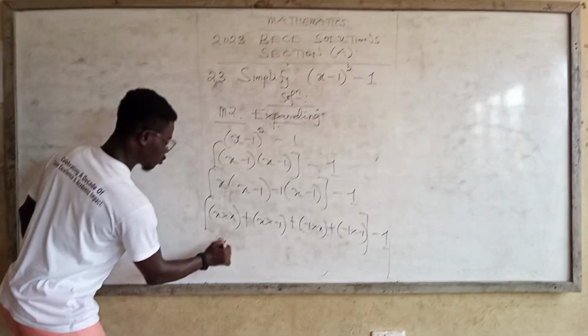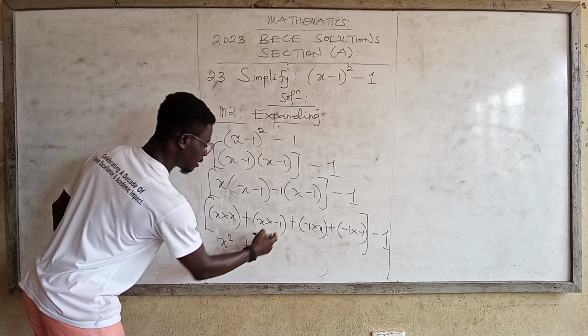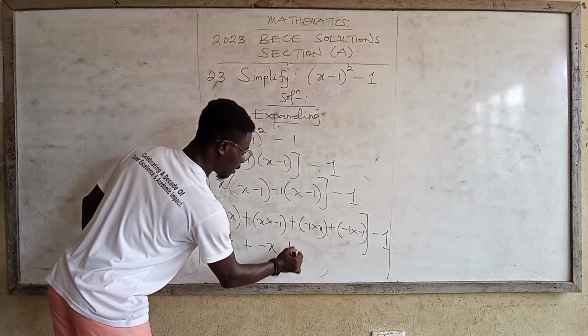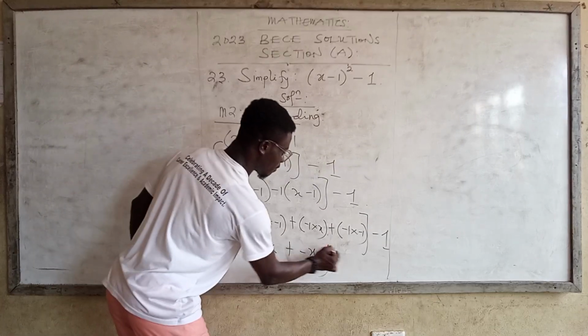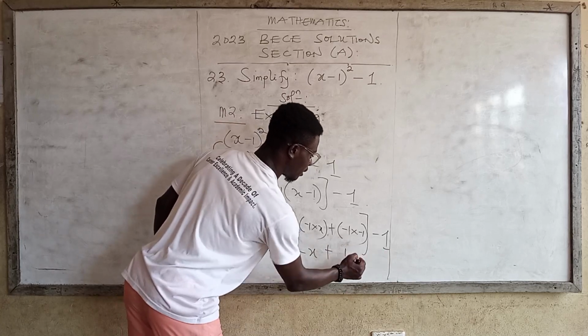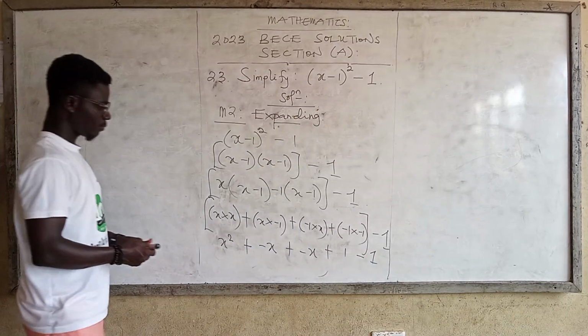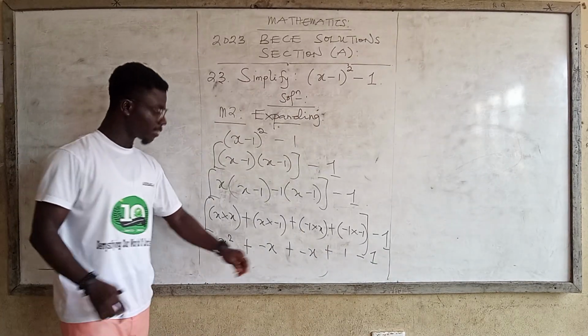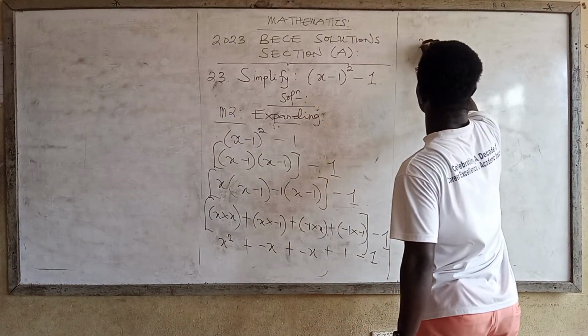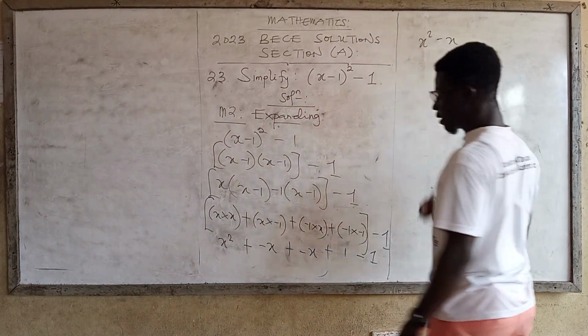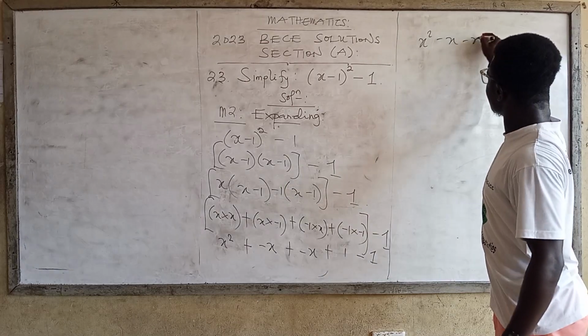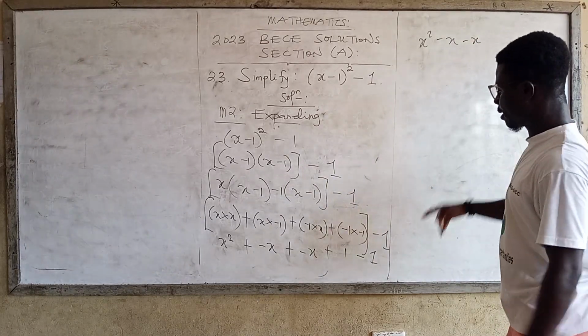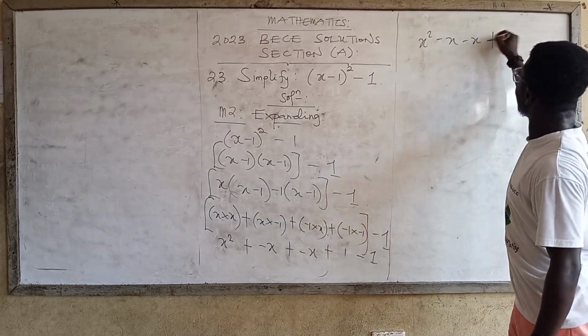So I have x squared plus negative x plus negative x plus 1 and minus 1. So I get x squared, positive times negative, you obtain negative x, then minus x. Then this guy gets plus 0.